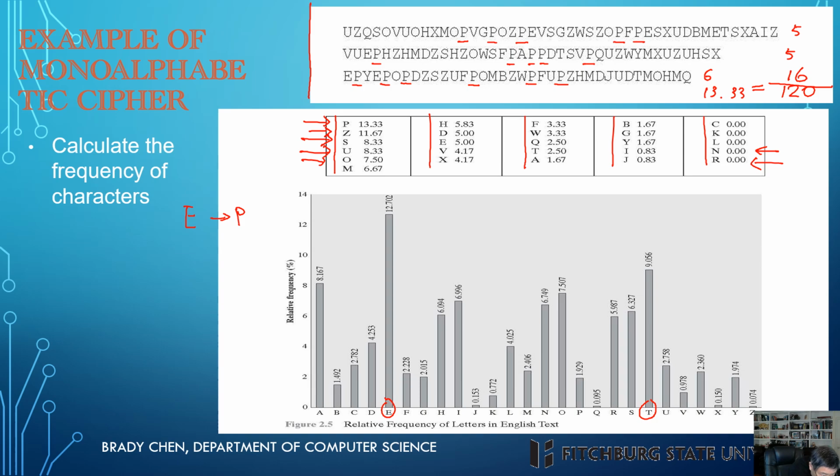Okay, and A is also close. It's 8.167%, and maybe O. Okay, so we have to try each of these and use the knowledge of the English language. The more we map, the easier we can figure it out.